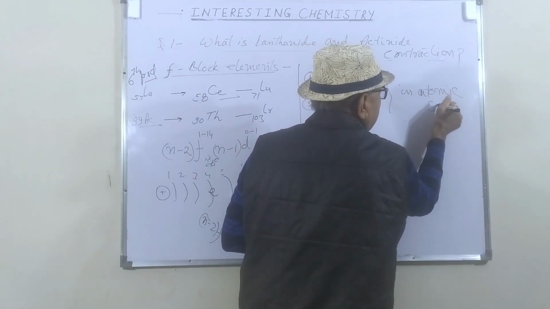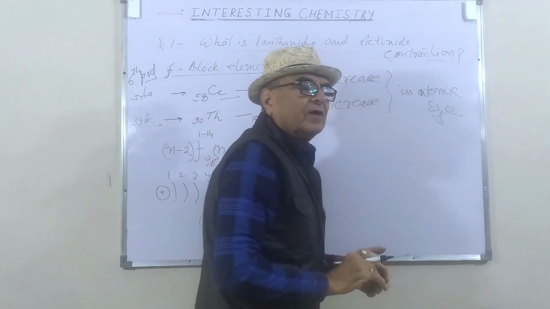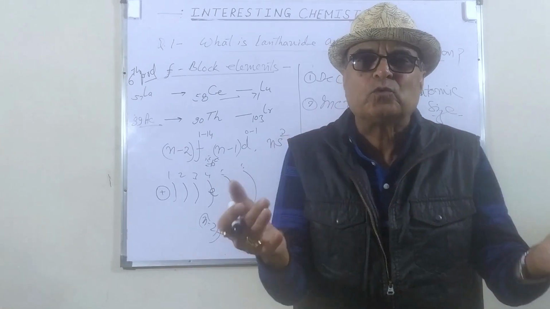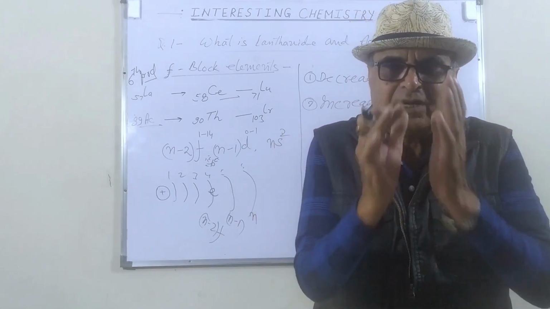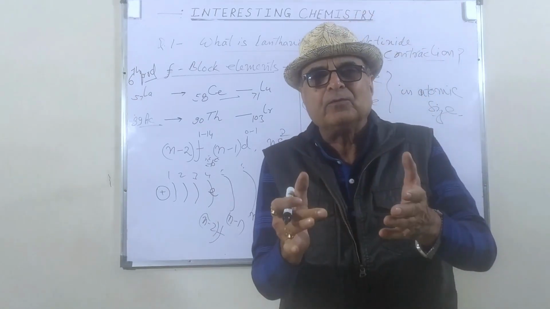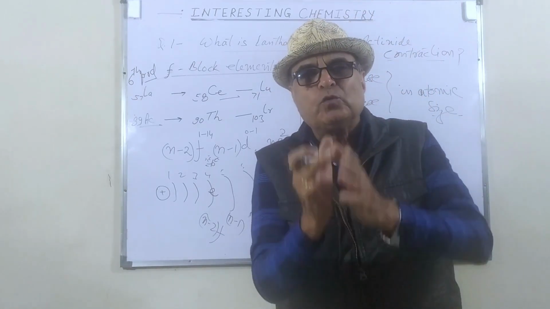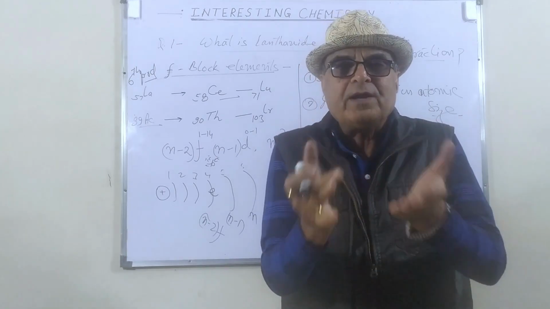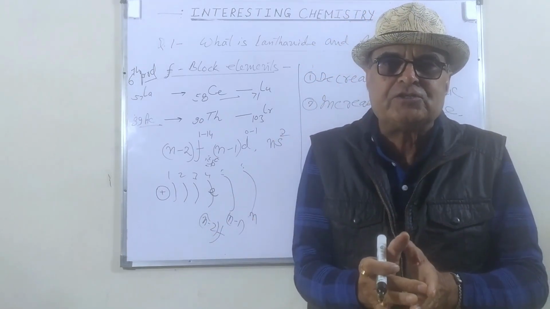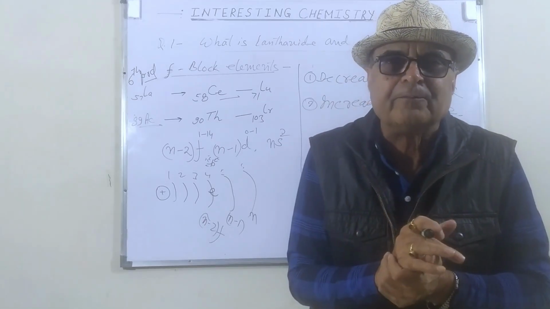As the filling of the (n-2)f orbital starts, in the size of the atom you will find two effects: one is the decrease and the second one is the increase in the size of the atom.